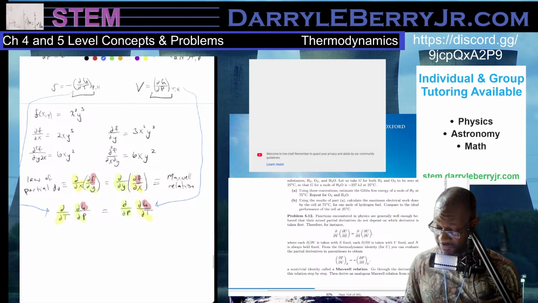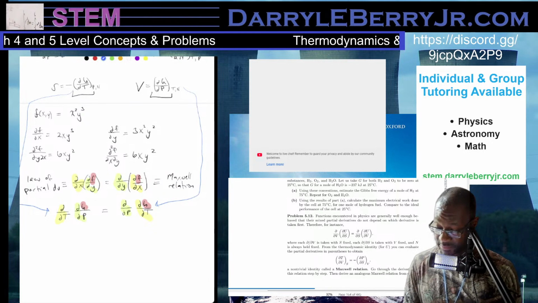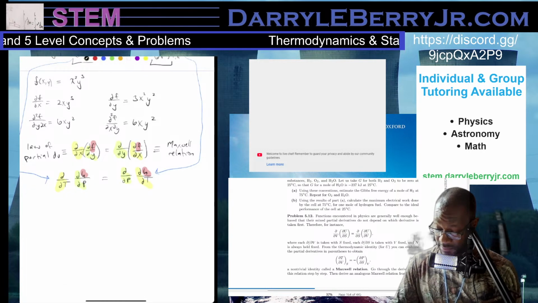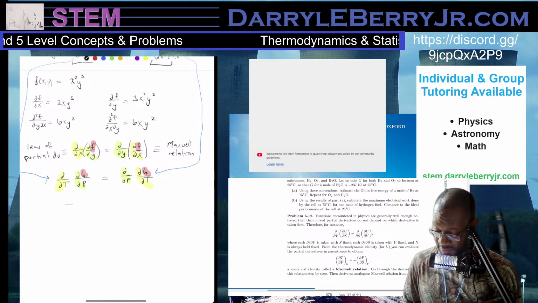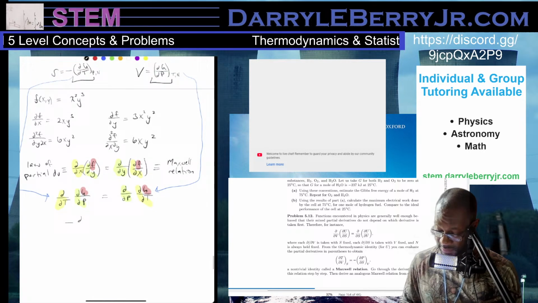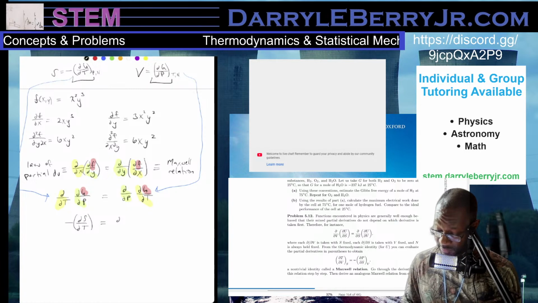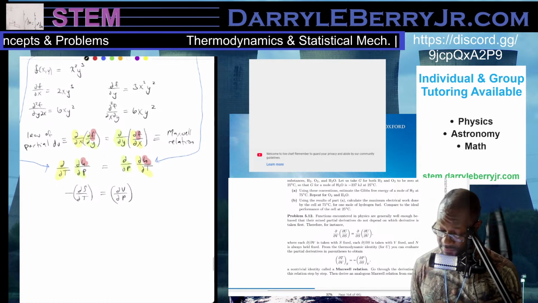And I have the partial derivative with respect to t of g, which is negative s. So we can say negative partial s with respect to t equals partial v with respect to p.